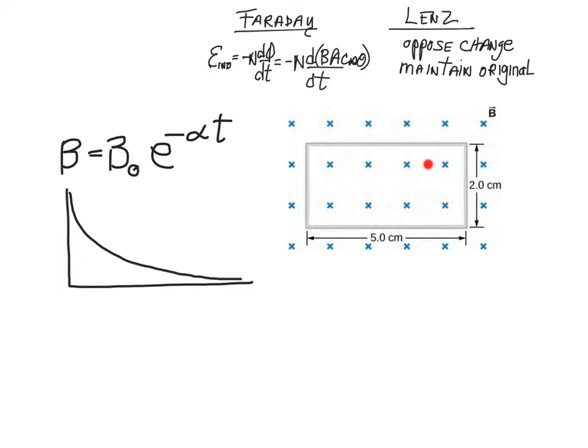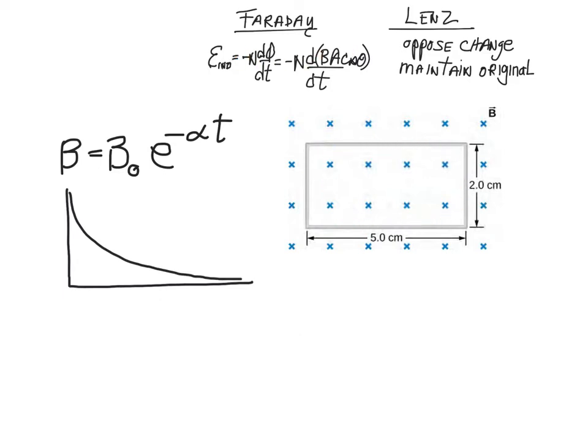So we want to keep the original flux. So as we lose field lines, we want to replace them. And so it's going to induce a current clockwise. Using right-hand rule number 3, a clockwise current would produce a field going into the screen, which would tend to prevent the decrease.